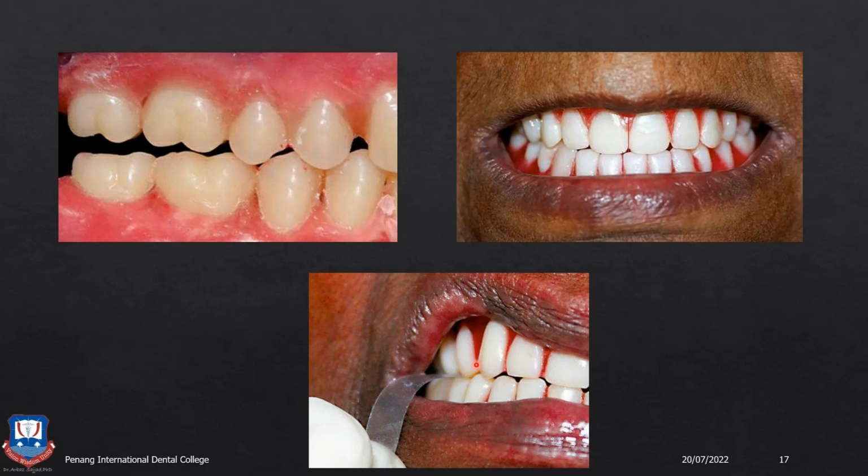Many times the teeth may appear from the outside to be occluding with each other because of saliva and all these things, but they may not be in contact, and later the patient may complain of instability of the denture or inability to chew soft food on that side. So on both sides you should have similar pressure of the occlusal contact. This can be checked with articulating paper or shim stock.